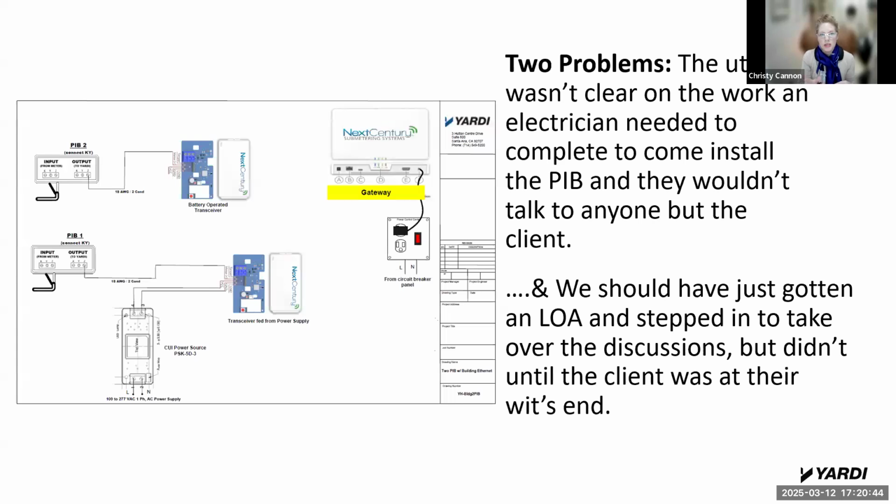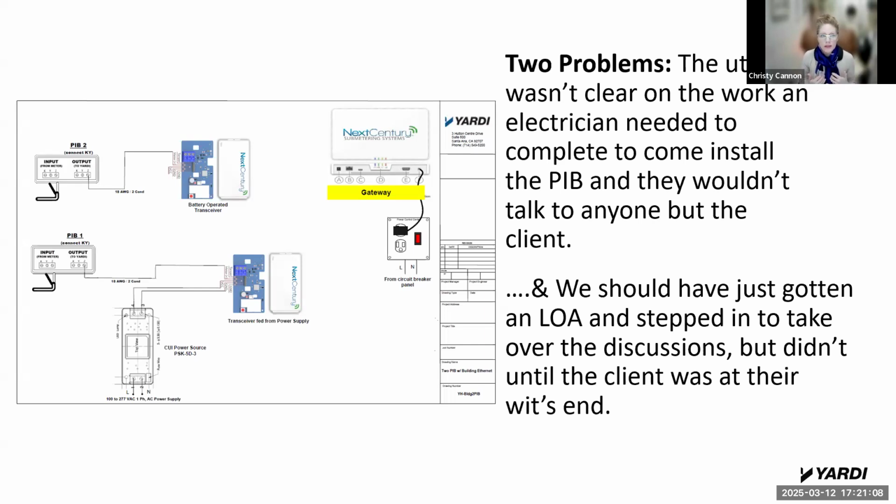Whenever the utility's putting in PIBs, there is some electrical prep work that has to be done, and then the utility will come put their PIBs in. But the facility manager didn't really understand what the utility was saying had to be in place before the PIBs could come out. So the utility ended up coming out multiple times to install PIBs and never could because the right electrical work was never completed.